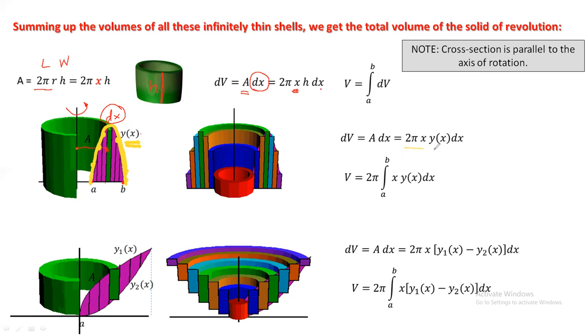So now you have here y of x, and you have dx. Since 2 pi is a constant, you place 2 pi before your integral, so you have x, y of x, dx. Remember, since we're integrating in terms of x, your function should be expressed in terms of the x variable.